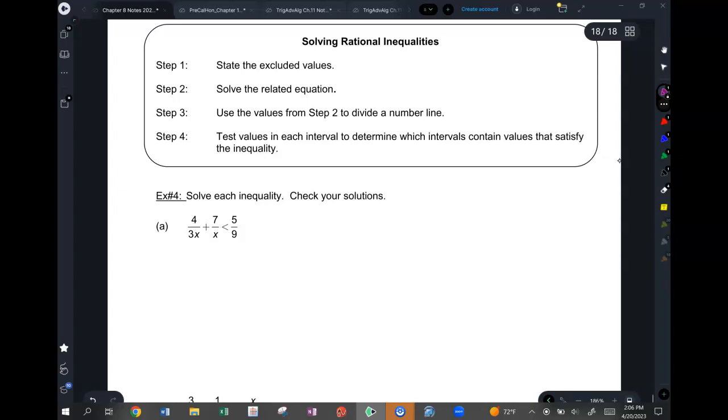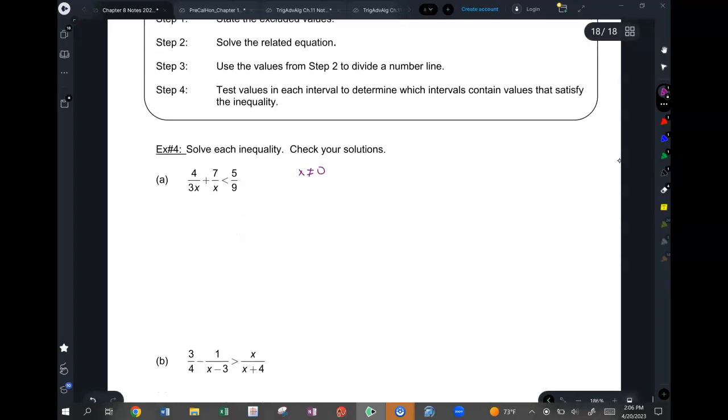What are the restrictions here? So basically x can't be 0, right? What's the LCD? 9x. So what we're going to get here is 12 plus 63 is less than 5x. Oh, you know what?